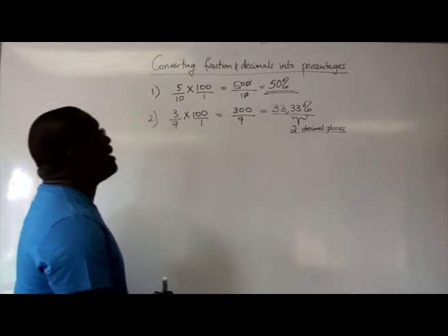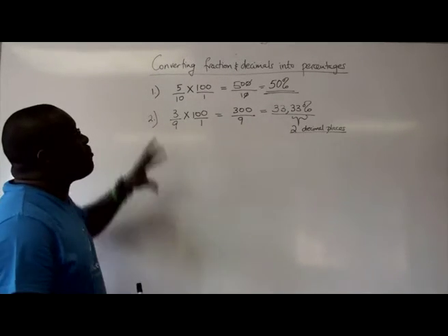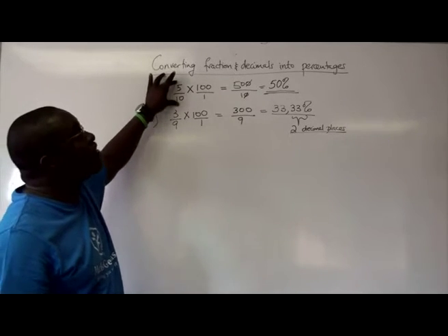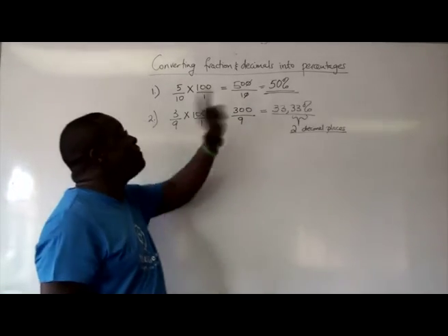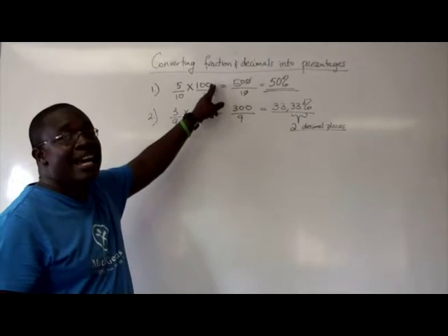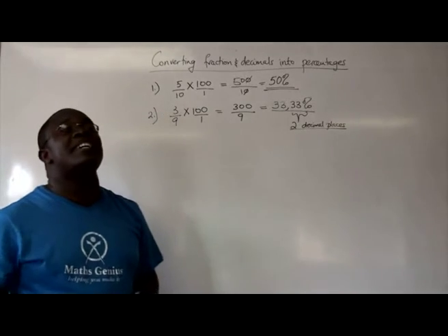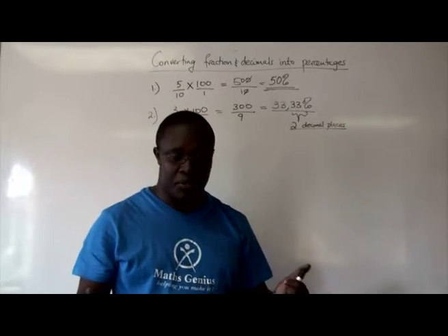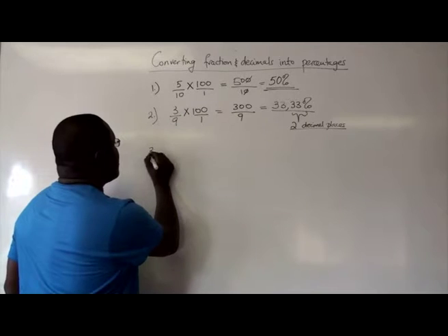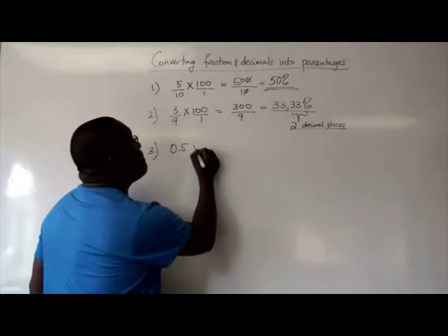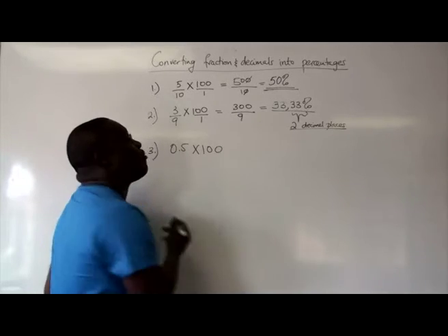Okay, right. Now, we now know that if you've got a fraction and you want to change it into a percentage, the simple thing is you just multiply by 100 over 1 and you get your percentage. What about if it's a decimal? What do you do? So with a decimal now, you take your decimal and you simply multiply by 100.